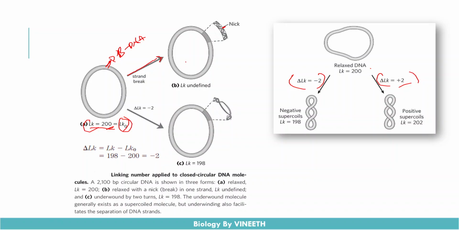When you change the topology of the DNA this way, the linking number no longer applies to that DNA molecule. The DNA linking number is a topological property, which depends on the nicking properties. Whenever you cut open the DNA and change the supercoiling, the linking number is diminished.